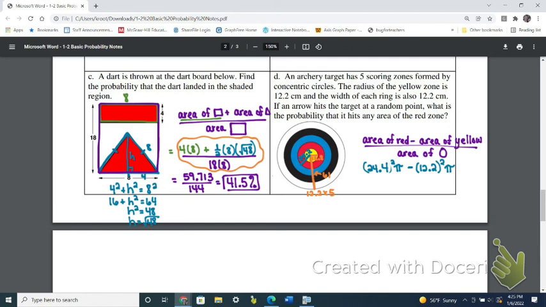And that's all divided by the area of the entire one, which is 61 squared pi.